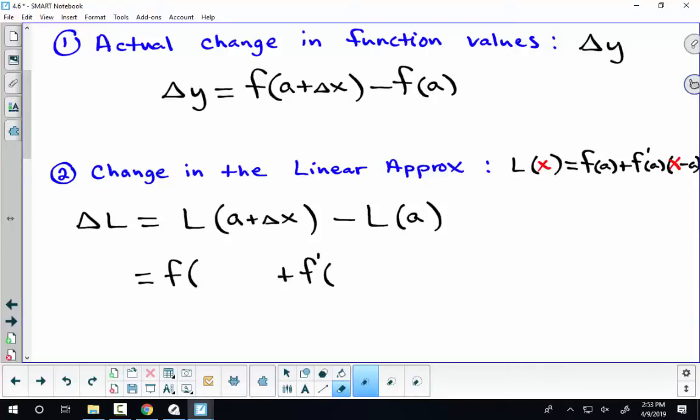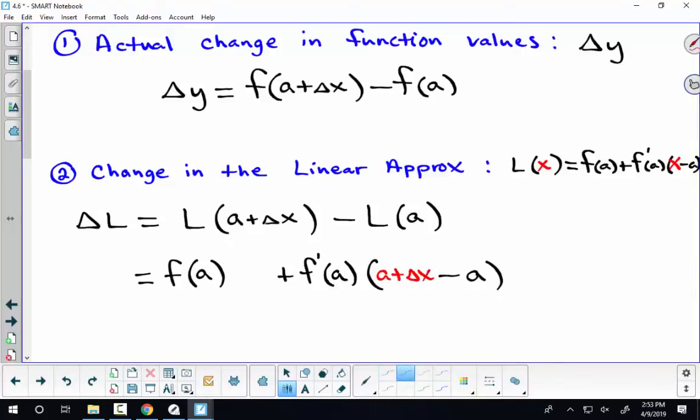The only input we have is at the very end. So this is still just f of a plus f prime of a times x minus a, where the input is a plus delta x.